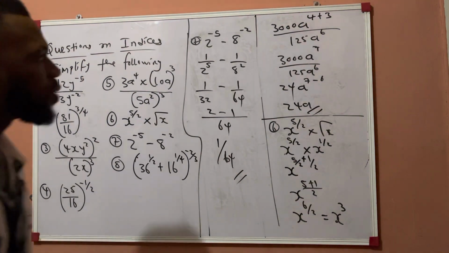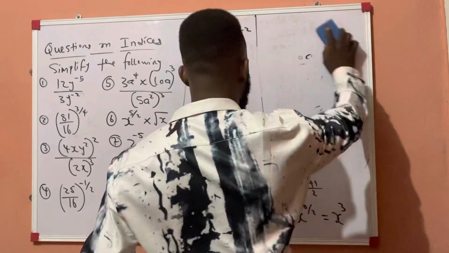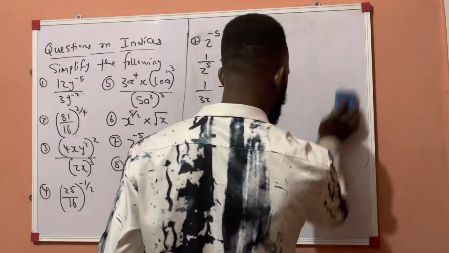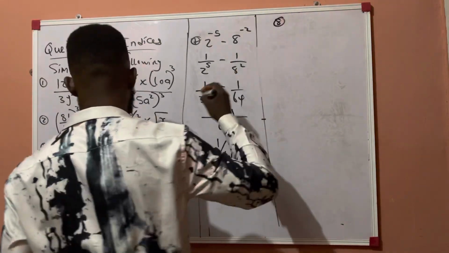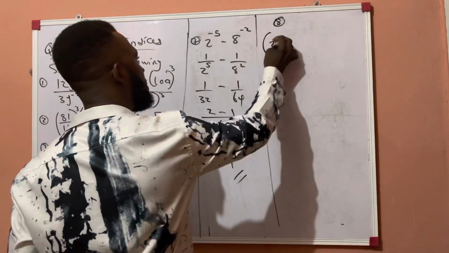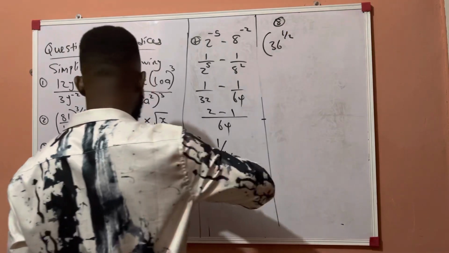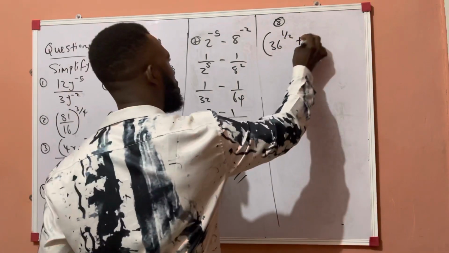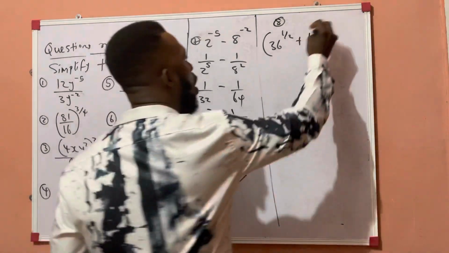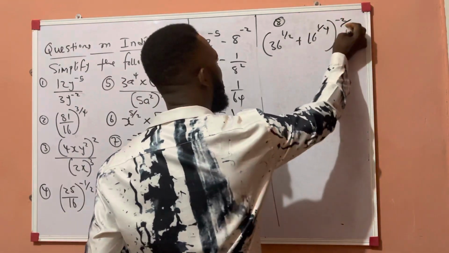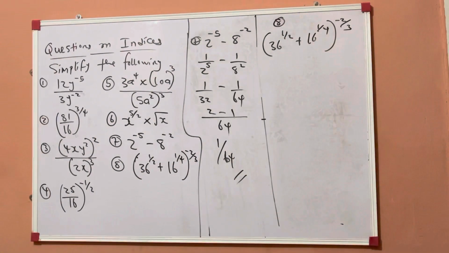And lastly for today, before we say goodbye, we have question number 8. Question number 8 says 36 raised to the power of 1 over 2 plus 16 raised to the power of 1 over 4, all raised to the power of minus 2 over 3.